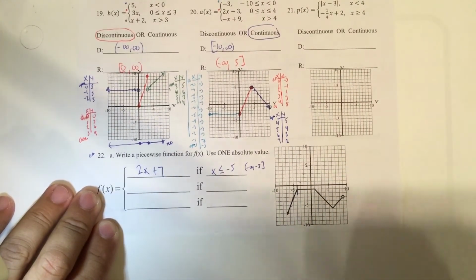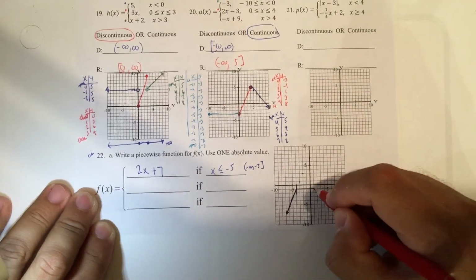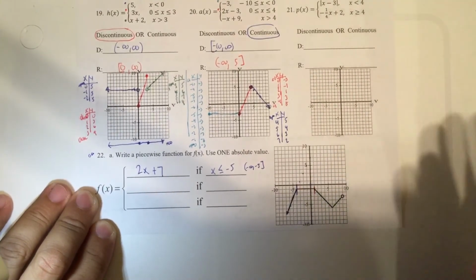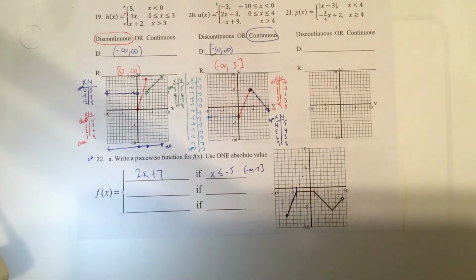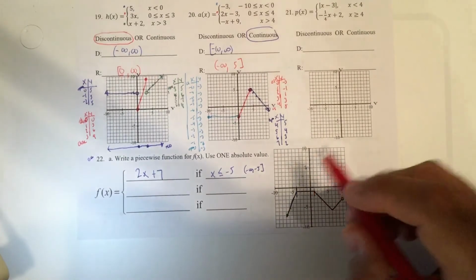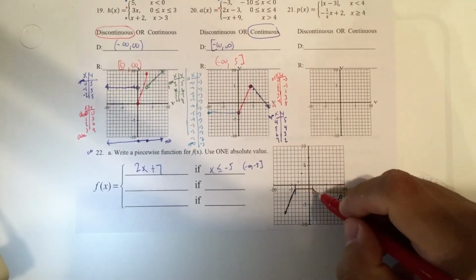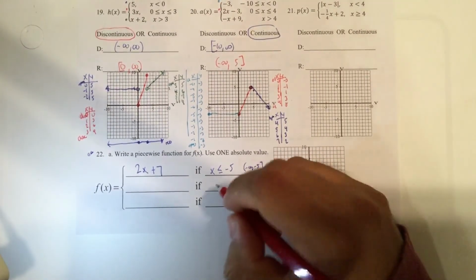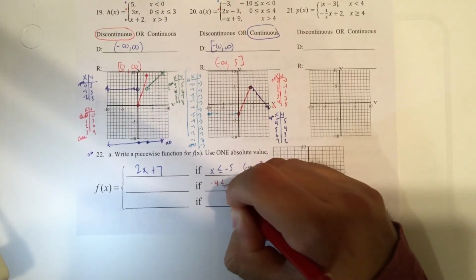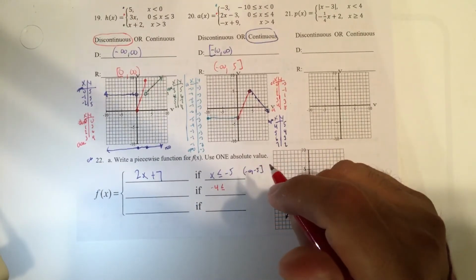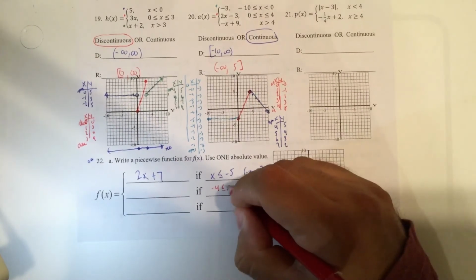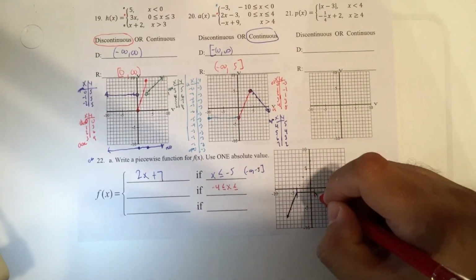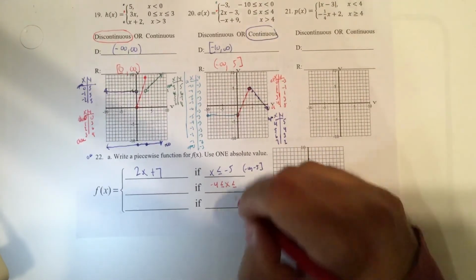All right, for my next graph, we're going to do this constant line from this blue one to this one. The restriction is going to be from -4 to 1. So in this case, -4 is less than or equal to x, which is less than or equal to, we'll call this one 1.